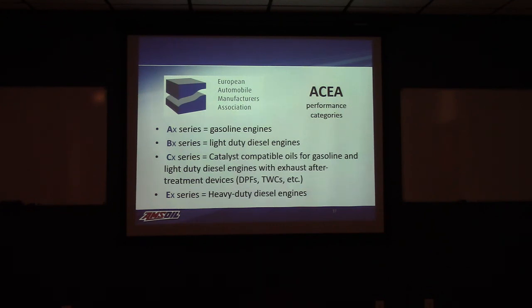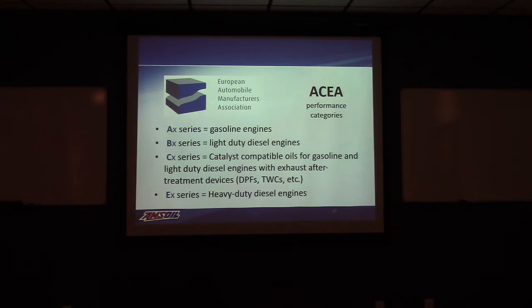That's out there. ACEA is kind of Europe's version of API, with a little more to it. They have their own performance categories as well, a little more diverse than API. They have categories divided up between gasoline and diesel applications, but they also have categories that look at other things as well: emission control systems on newer ones, heavy duty diesels versus light duty diesels. We have an example here.